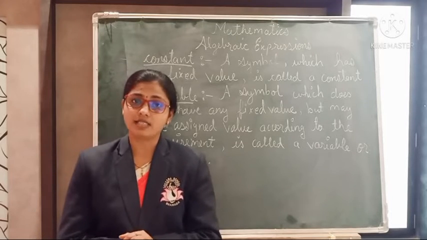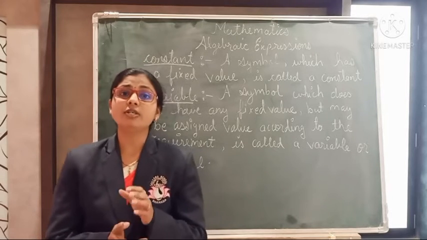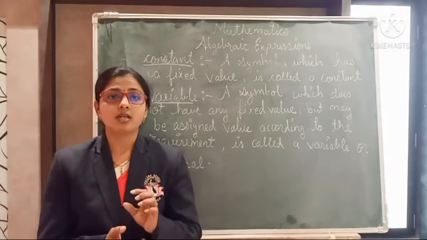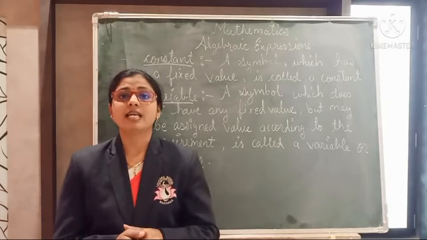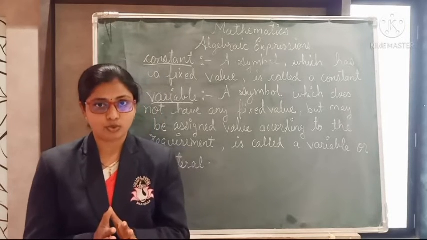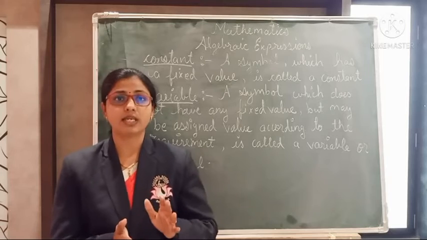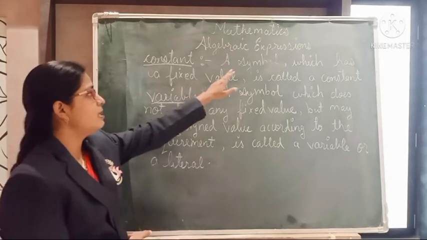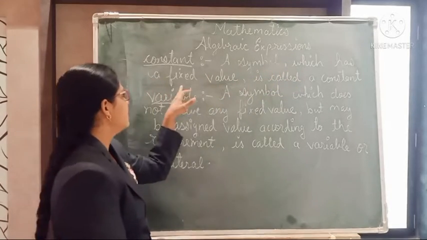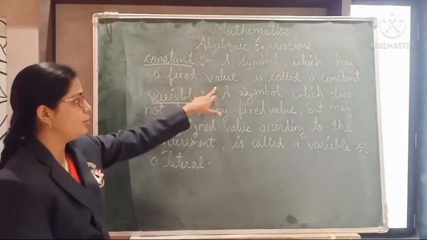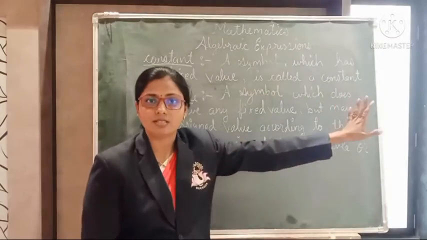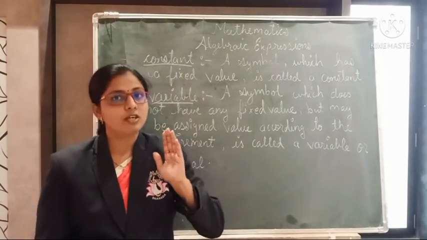So the first is constant. What do you understand by constant? Constant is nothing but a fixed value. There will be no change in that value at any cost. That means a symbol which has a fixed value is called a constant. Its value will be fixed.